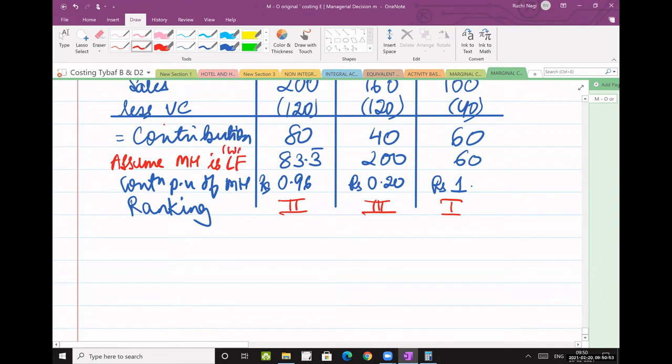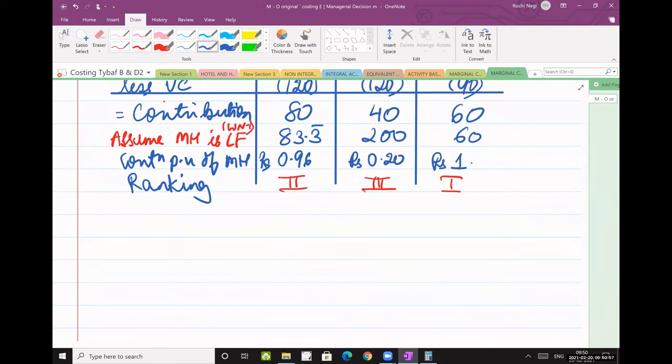And here I can work in my working note, if you want to show it. If you can do it, well and good. Machine hours per unit.